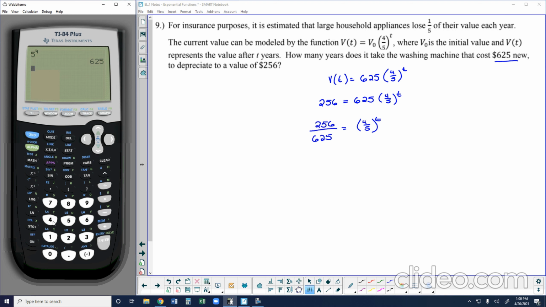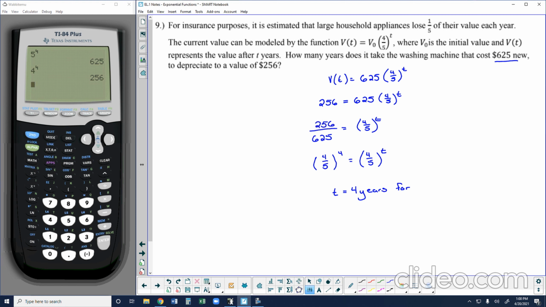And 4 to the 4th power is 256, and it is, so I can write this fraction as 4 over 5 to the 4th power. And this would allow me to solve for t. In this case, I would find that t equals 4.